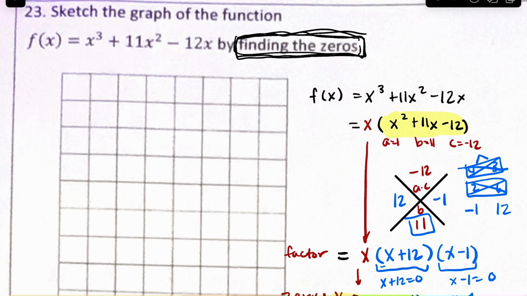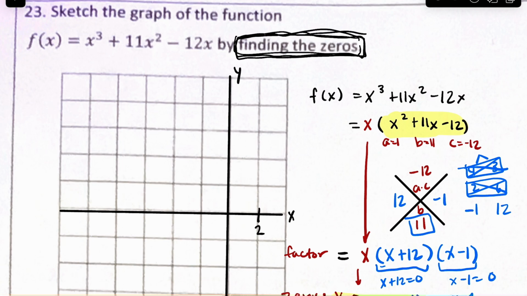So we know we have a big negative number, so I'm just going to divide my graph by probably 2's. So here I'm going to positive 2, this is x, this is y.